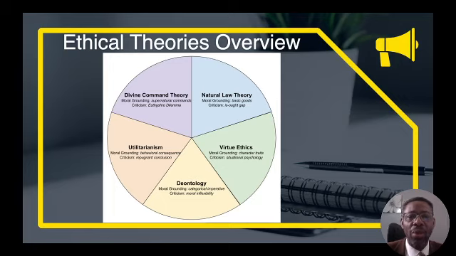Let's look also at another one. Let's look at deontology theory. Now, this theory states and postulates that the people making decisions should adhere to obligations and rules.